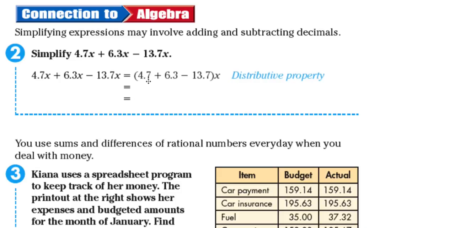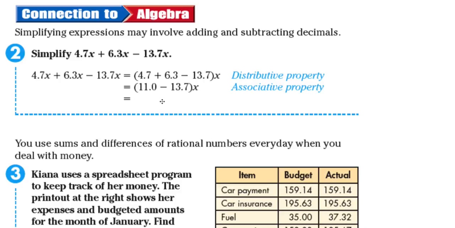So you're left with 4.7 plus 6.3 minus 13.7 in parentheses, then multiplied by x. Using the order of operations, we go from left to right. So 4.7 plus 6.3 gives us 11 minus 13.7x.